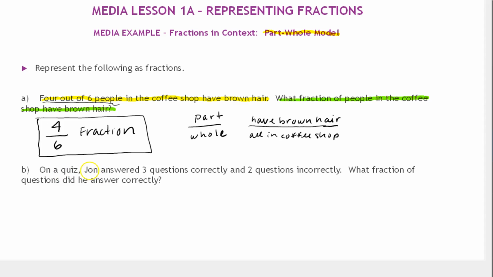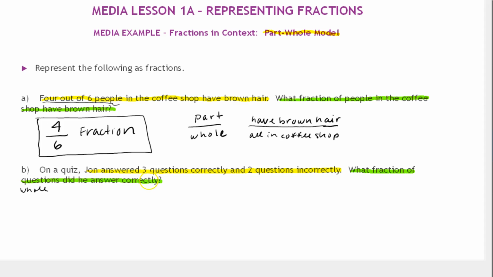On a quiz, John answered 3 questions correctly and 2 questions incorrectly. That's our given information. What fraction of questions did he answer correctly? So this is going to be a part-whole problem because they're asking what fraction of questions, so all of the questions are going to be our whole.